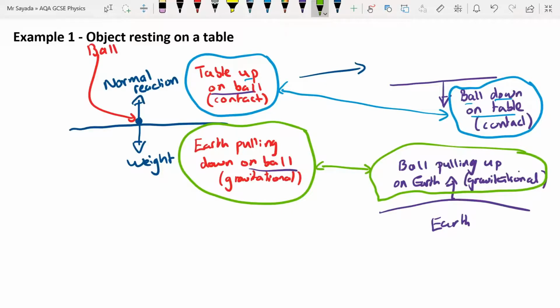The mass of the ball is much smaller, so the effect of the force is much bigger on the ball. But the force that they both experience is the same. The force of the Earth pulling down on the ball, this one over here, sorry, is equal in magnitude and opposite to the force of the ball pulling up on the Earth.